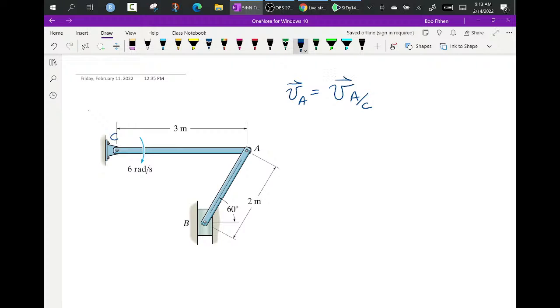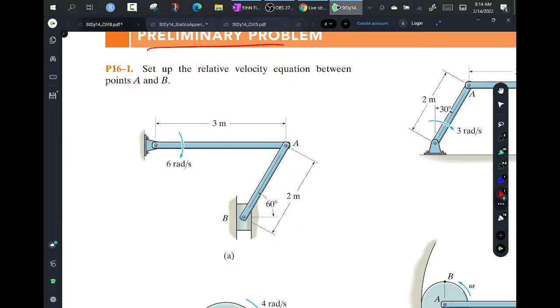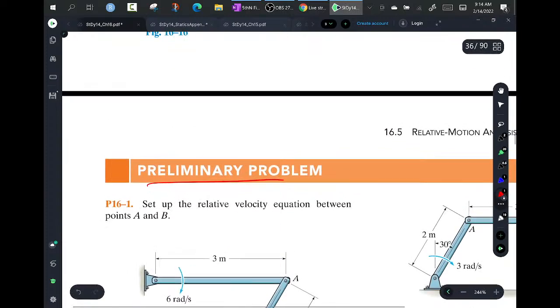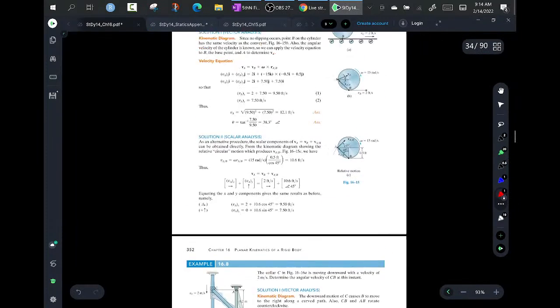He actually trades these two places, but because I can say it like that, A relative to C plus velocity of C. Now, I'm going to go ahead and go through, well, then I'll do one more step. Let's say velocity of A is equal to omega. If you look back at his equation, oh, yeah, a couple pages back.